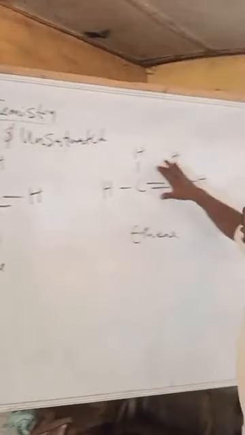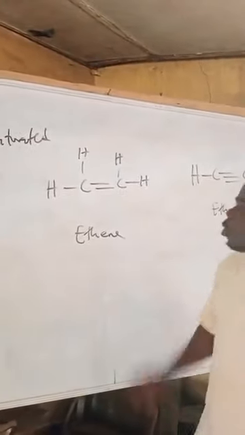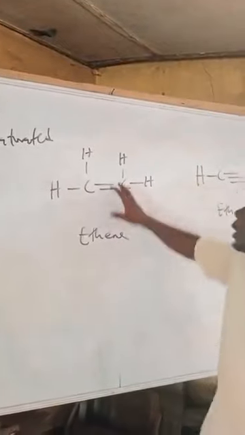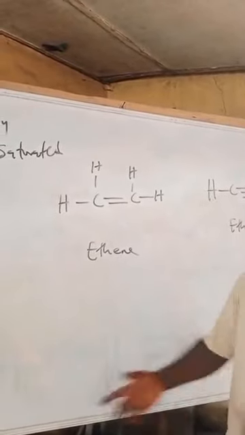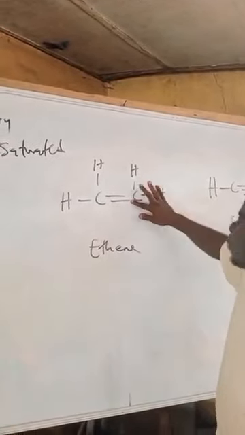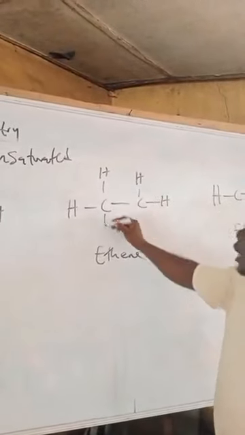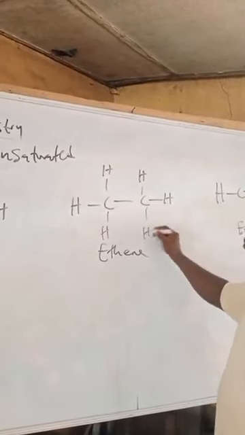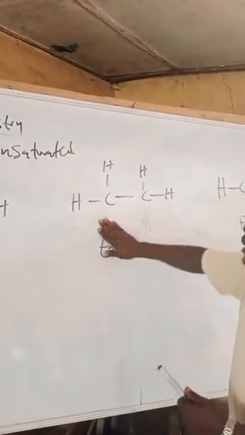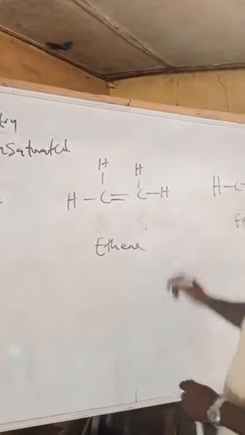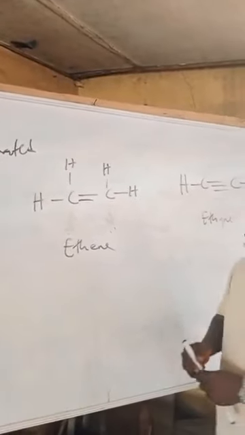Then when we look at this organic compound, we see that it is joined by a double bond, and it still has space to accept more. It's not filled yet, it's still hungry. So for example, if I take away this double bond, I can have space for extra hydrogens. So in this case, I can say that ethene is an unsaturated hydrocarbon.